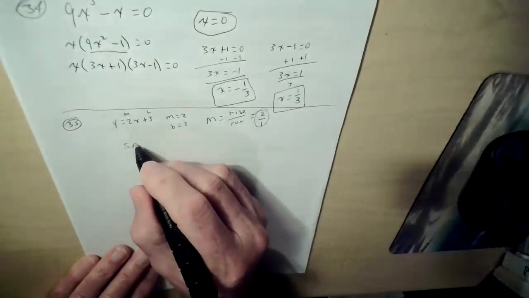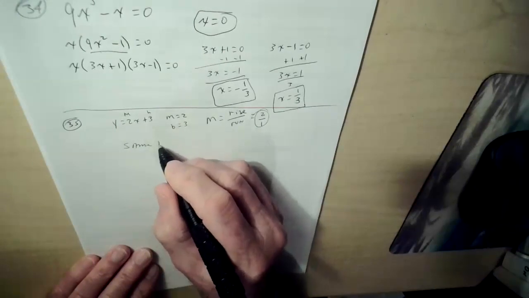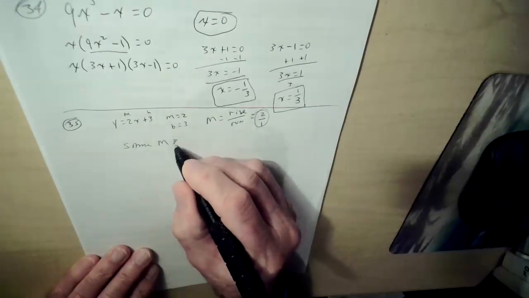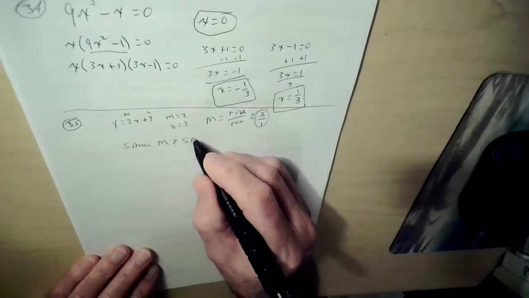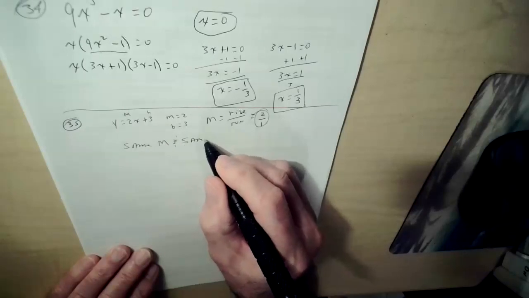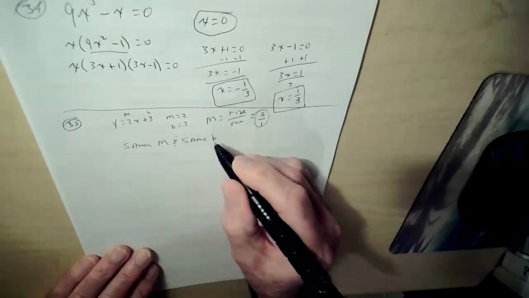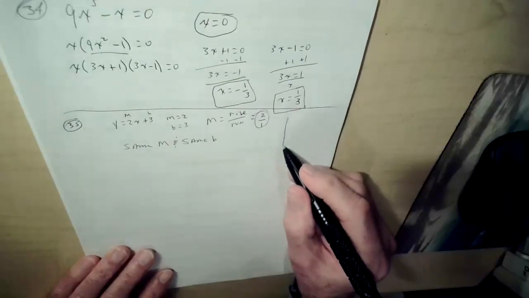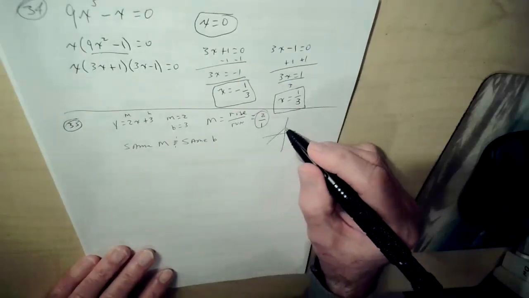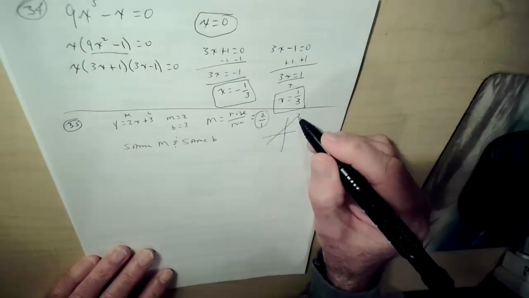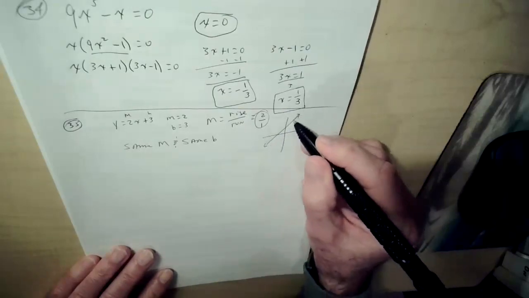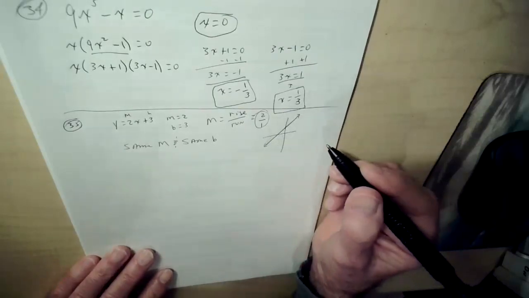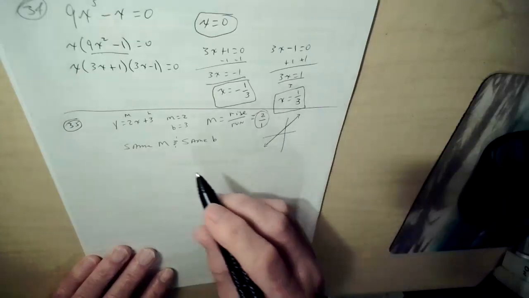Now, if you have the same slope, let me write this over here. If you have the same slope and the same y-intercept, what do we have? Same slope, same y-intercept.